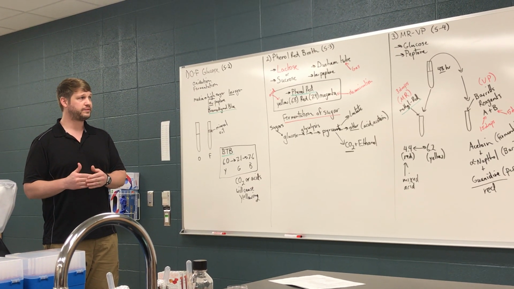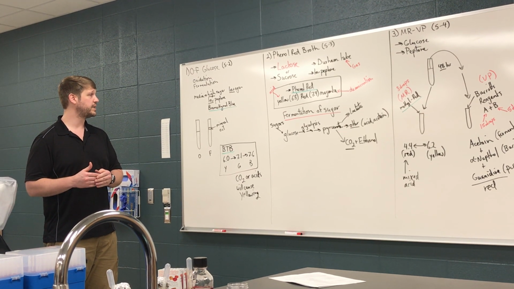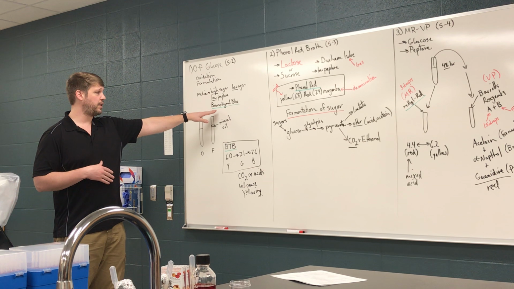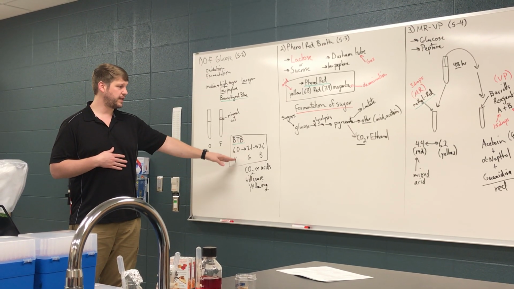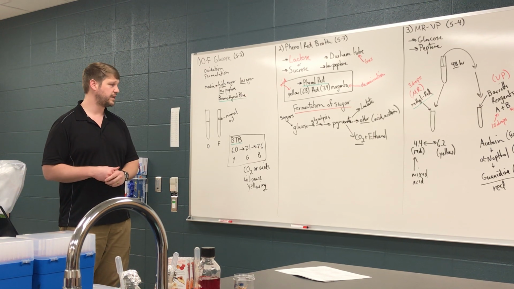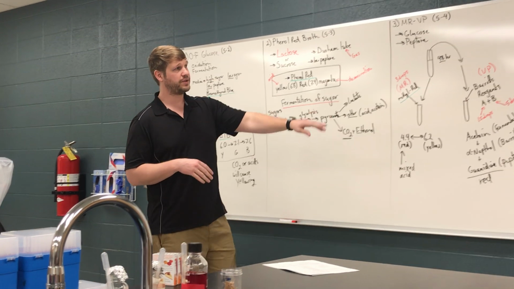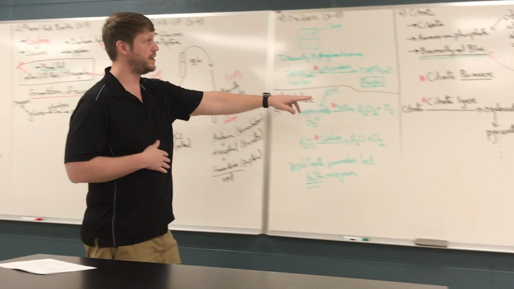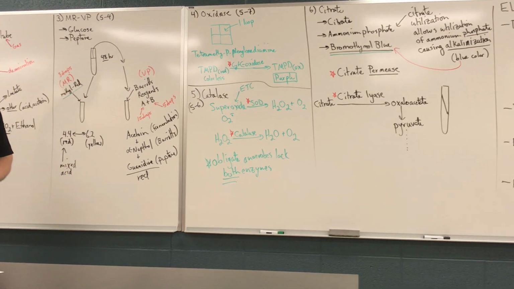So we have a couple of different pH indicators that we're looking at here today. One is bromothymol blue, which is going to span a yellow to blue color depending on the pH. That's utilized here in the OF glucose. It's also utilized down here in the citrate utilization media as well.